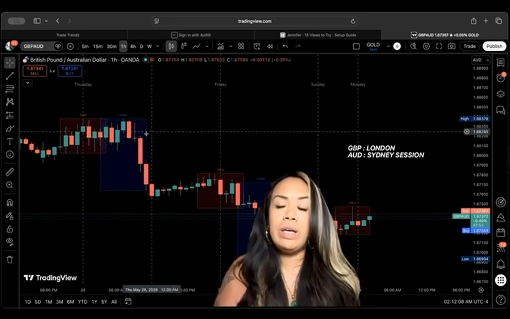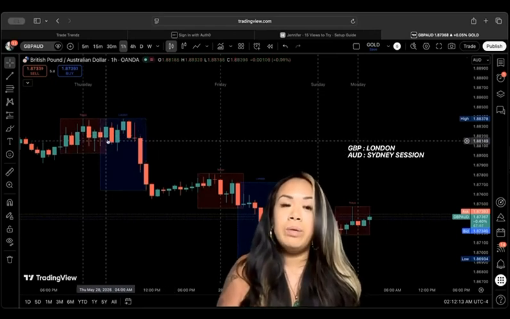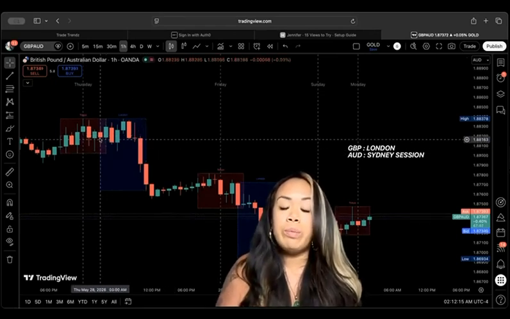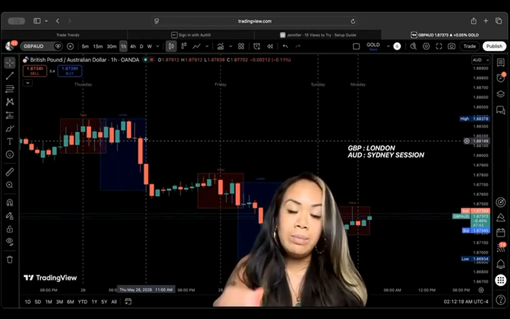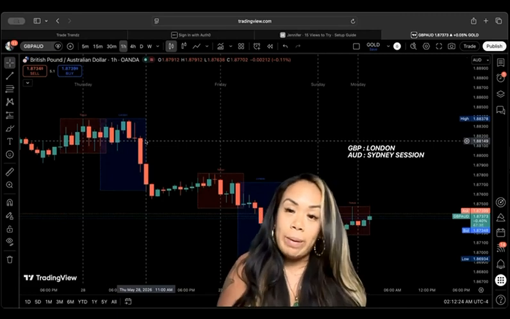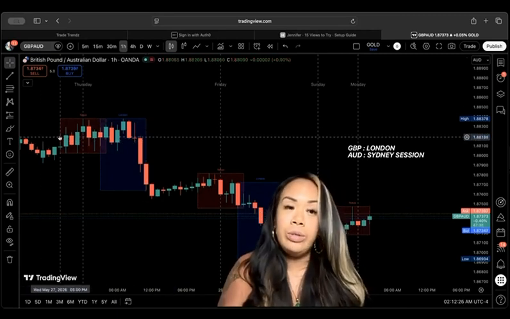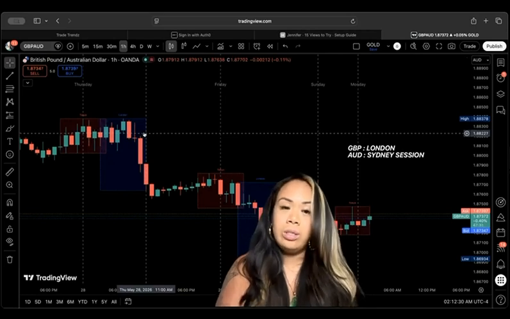Okay. And likewise, if you guys are trading anything that has to do with Great Britain pound, GBP, right? You can go anywhere from 3 a.m. until 11 a.m. Again, Eastern time zone, guys. If you're trading GBP versus Japanese yen, essentially you can trade it throughout Asia and onto London session.